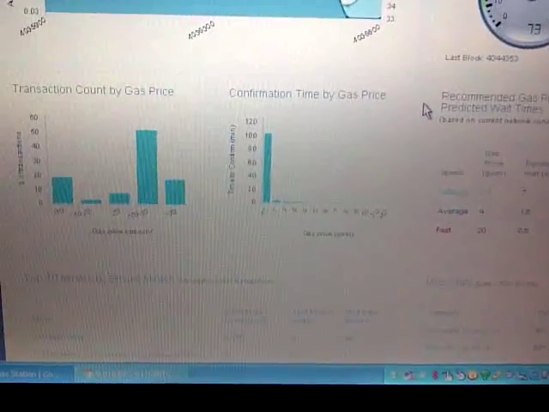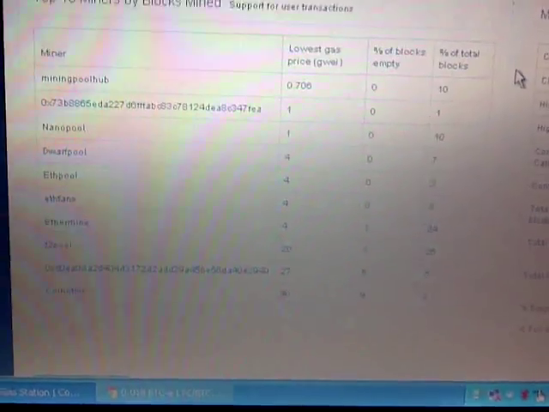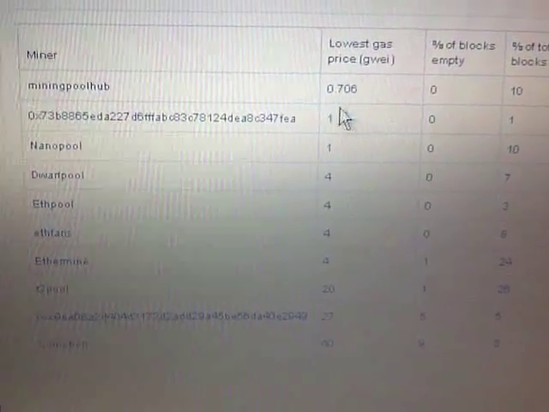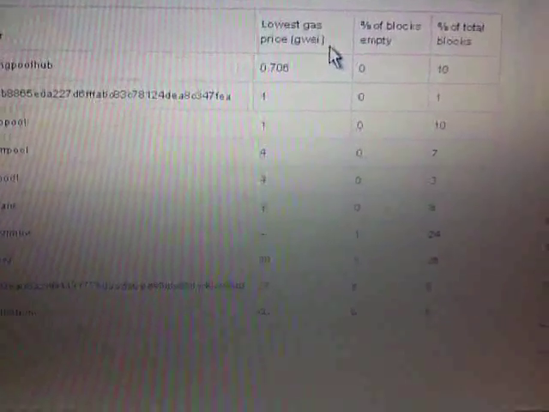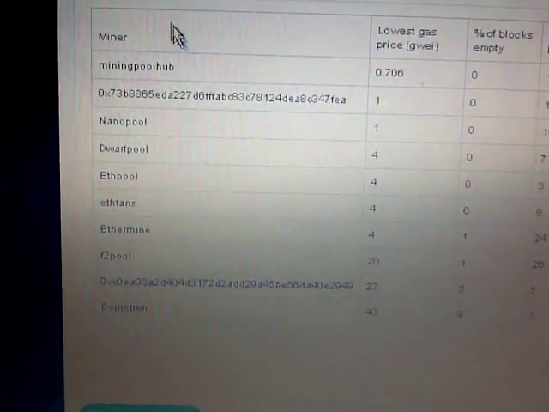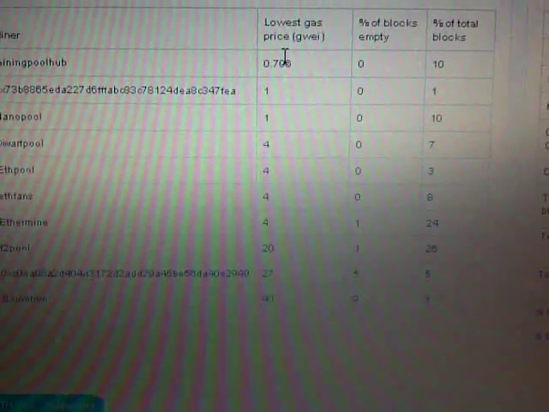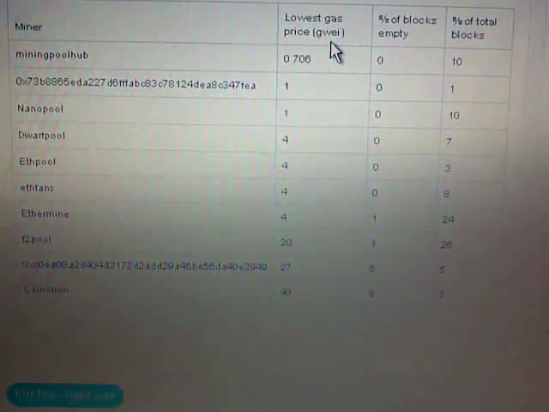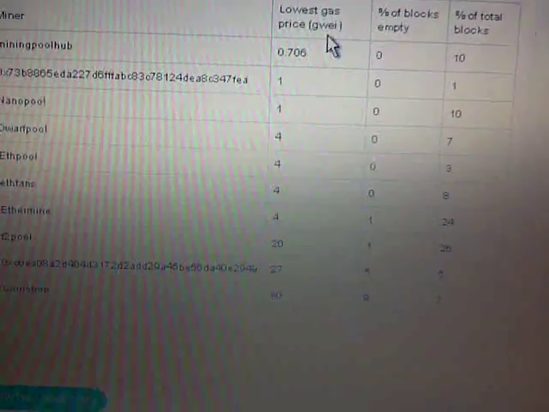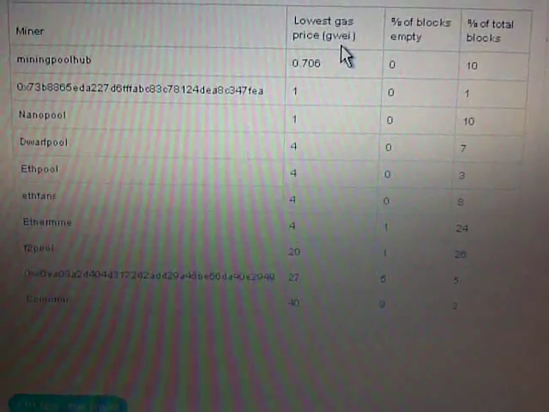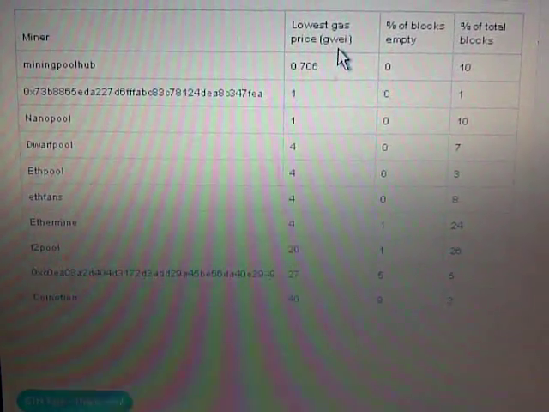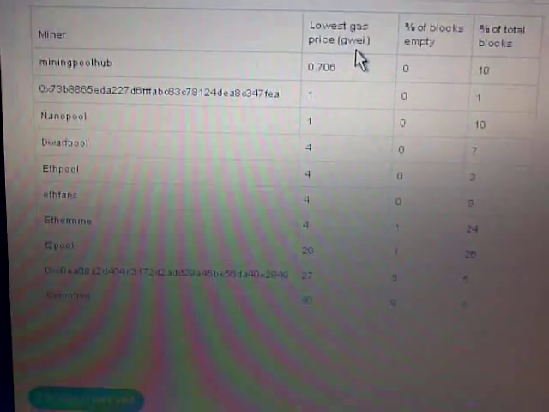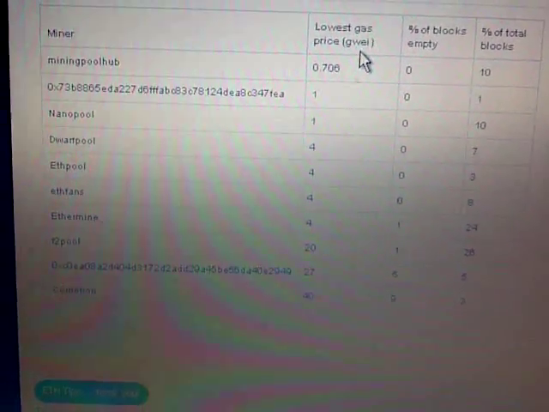One of them, if you scroll down, you'll see a list of miners and the lowest gas price in WEI. Gas WEI is what they call it. I don't know what WEI stands for, but it's some kind of weird number.